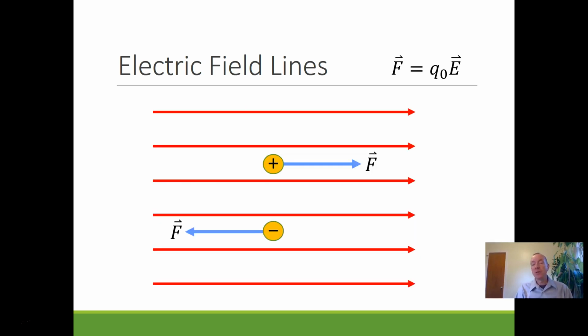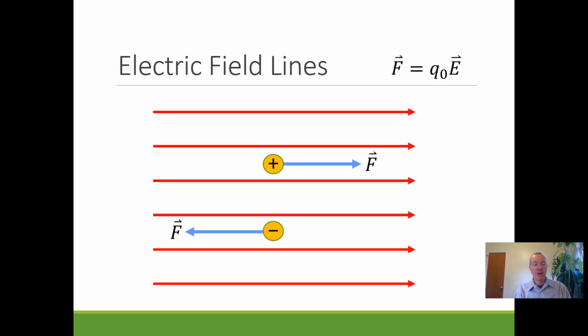And so, we get a nice idea here that it sort of takes the definition of E, which is the force on an object divided by the object charge, and flip it around and multiply by the object charge and get the force, right? So force is QE.